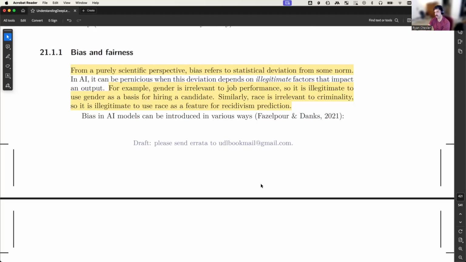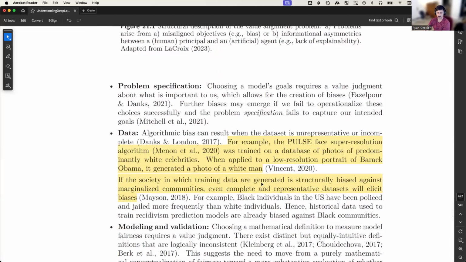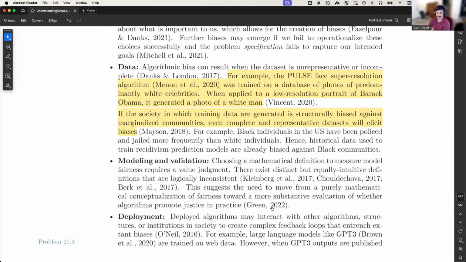So if you're also looking at name, job history, or colleges, they might have gone to a women's only college or something like that. There's a bunch of different things that can derive back the original feature that you were trying to hide from your model. So just saying I'm going to make my model blind to it isn't a valid strategy.